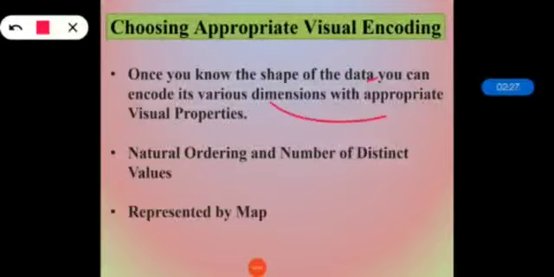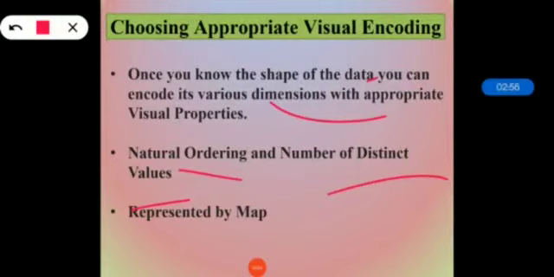The two key factors are whether a visual property is naturally ordered and how many distinct values of this property the reader can differentiate. The natural ordering and number of distinct values will indicate whether the visual property is best suited to one of the main data types, that is quantitative, ordinal, categorical or relational data.